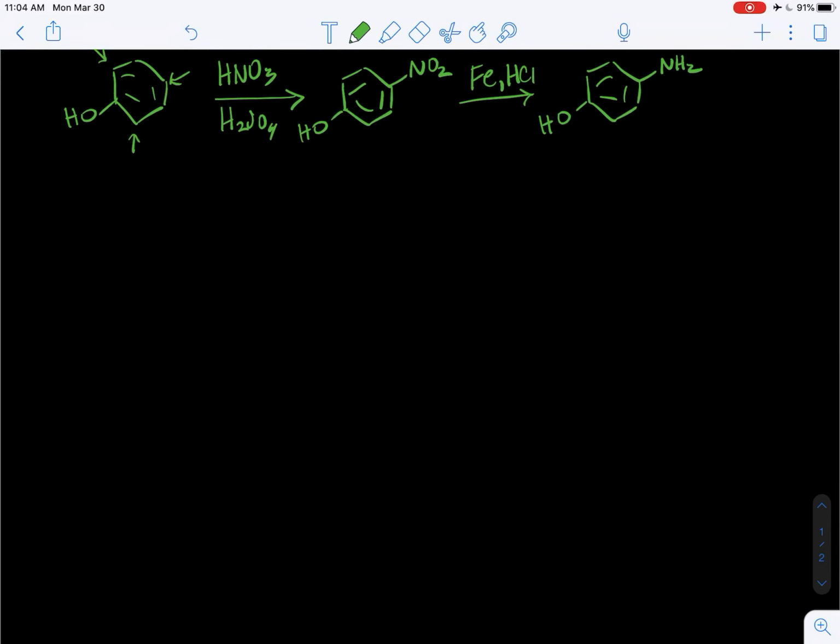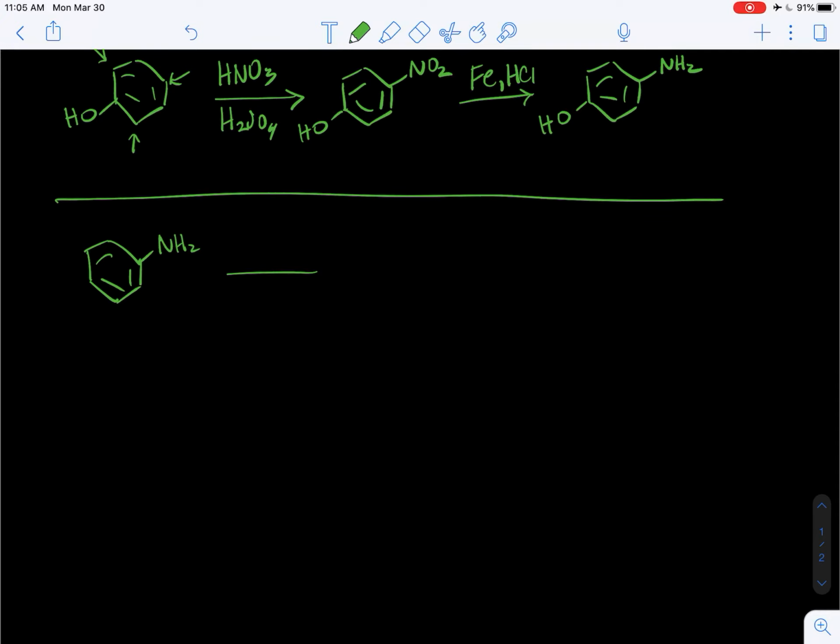Now, there's a use of this when you're dealing with amines. Now, say for example we want to do a nitration of this aniline. Okay, this would give you unintended results.